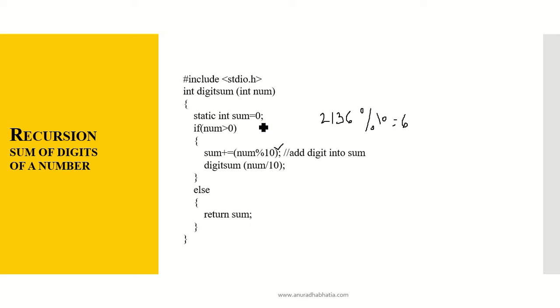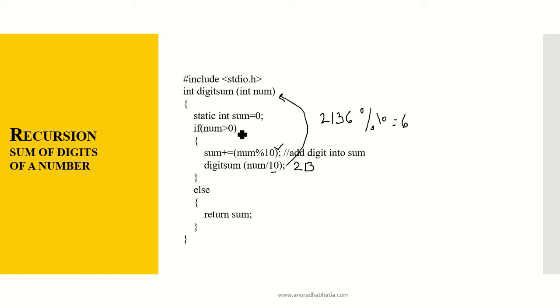So sum is initialized to 0. So sum is equal to sum plus 6. So now the sum becomes 6. Then I say num is equal to num divided by 10. So this will give me the quotient. So my quotient now becomes 213. And with this, I give a call to this particular function.